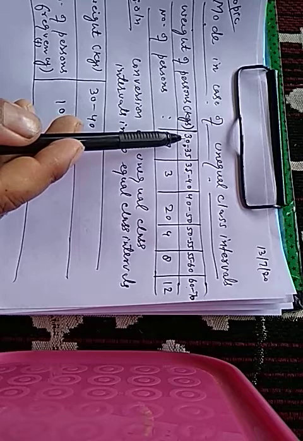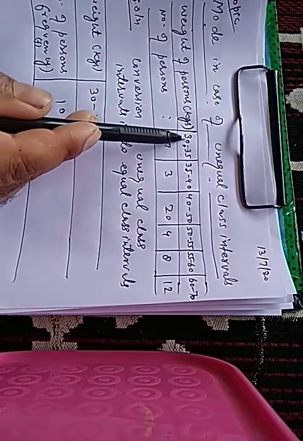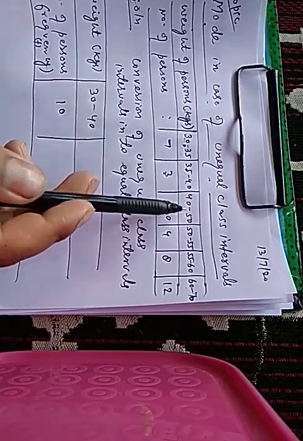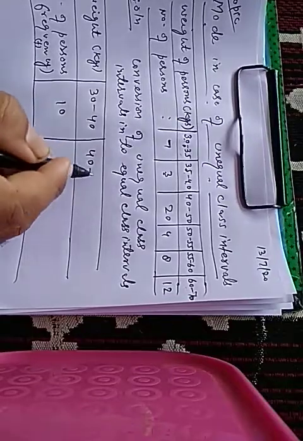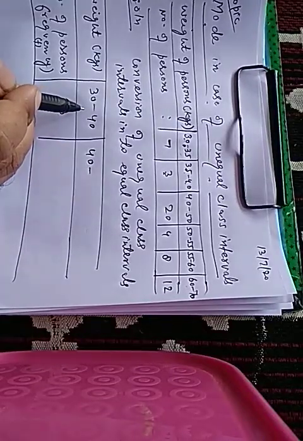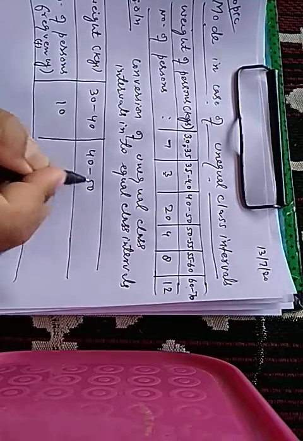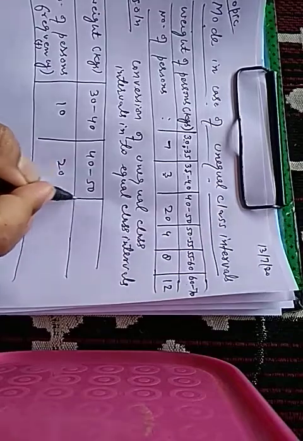Means there are 10 persons whose weight varies between 30 to 40. This will be written the same because the size of class interval will be same, 40 to 50. The difference is 10 and its frequency will remain the same, that is equal to 10.